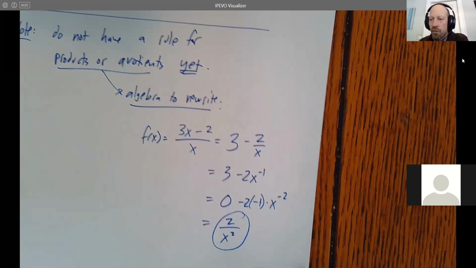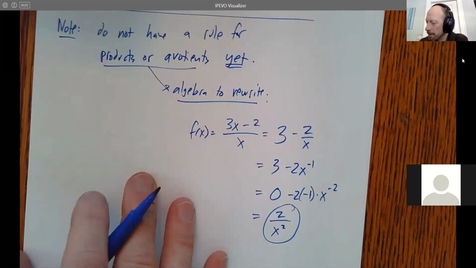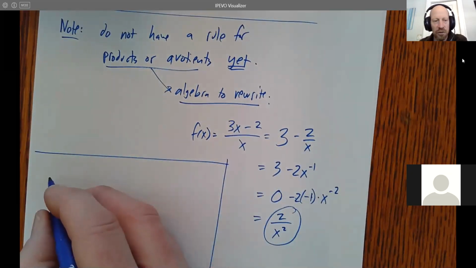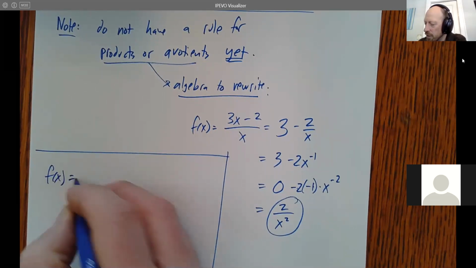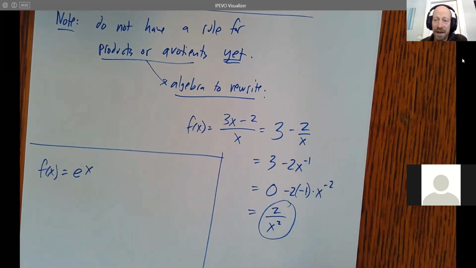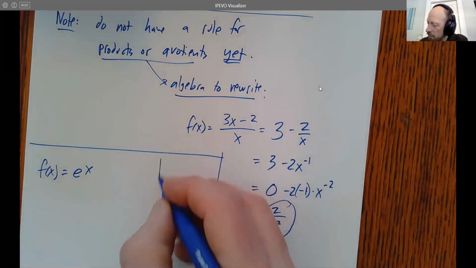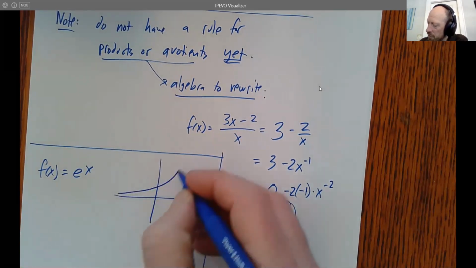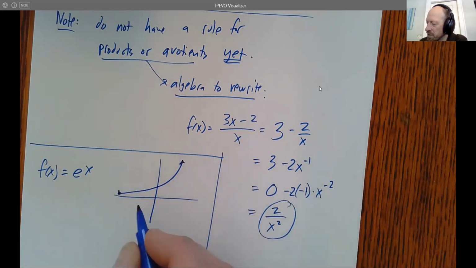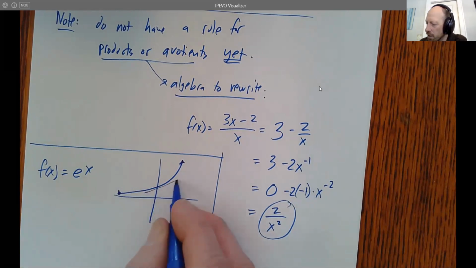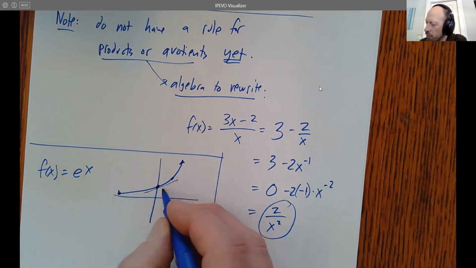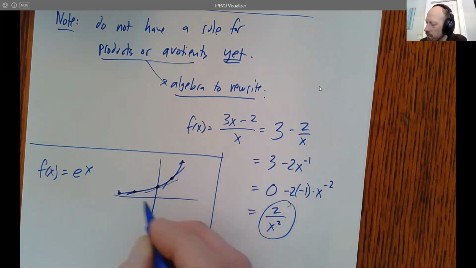Okay, so the last thing I just want to mention to get you through 3.1 is there's another type of function, the natural exponential function, e to the x. And this function has a very unique property, which is that the slope is equal to the function value at every point.